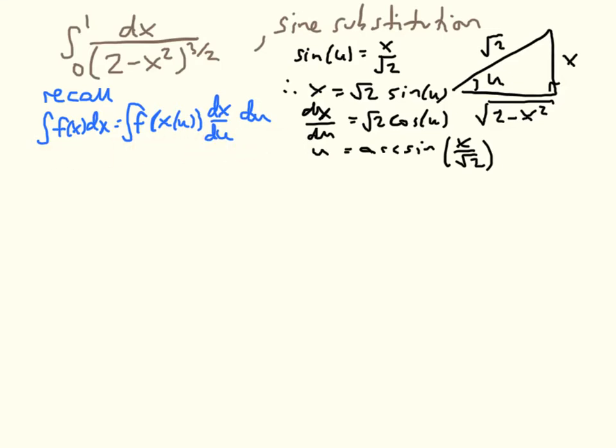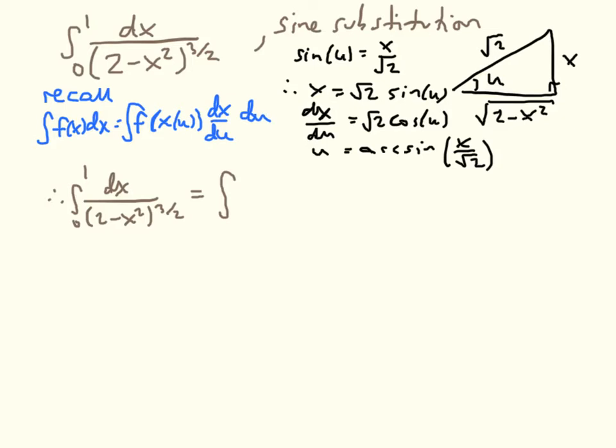So from this we see that the integral from 0 to 1 dx over 2 minus x squared to the power of 3 halves is going to be the integral. I'll talk about the limits in a moment. Now, what we have here is 1 over 2 minus x squared to the 3 halves.